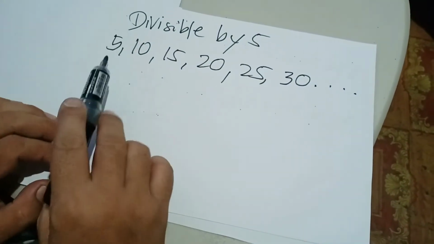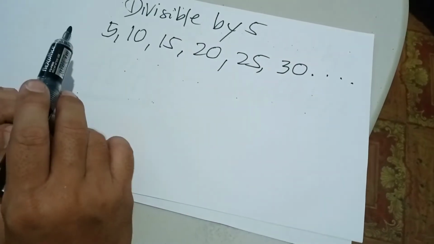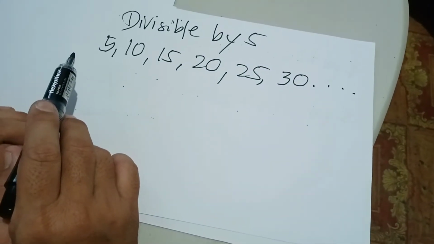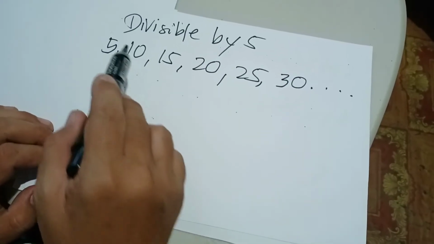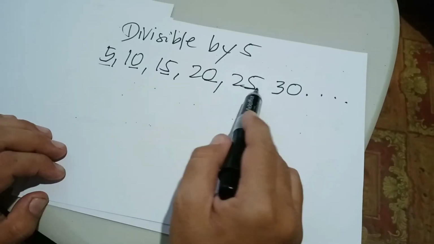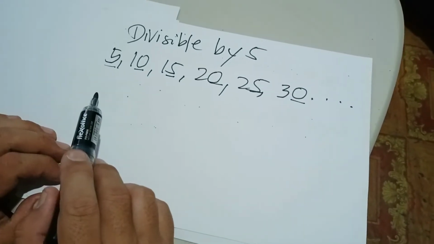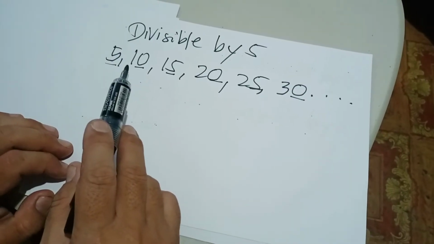So, ano napansin natin? Look at the numbers. Ano napansin natin? Okay. So, all those numbers are ending in 5, 0, 5, 0, 5, 0. So, the last digit of the numbers are 5 and 0.